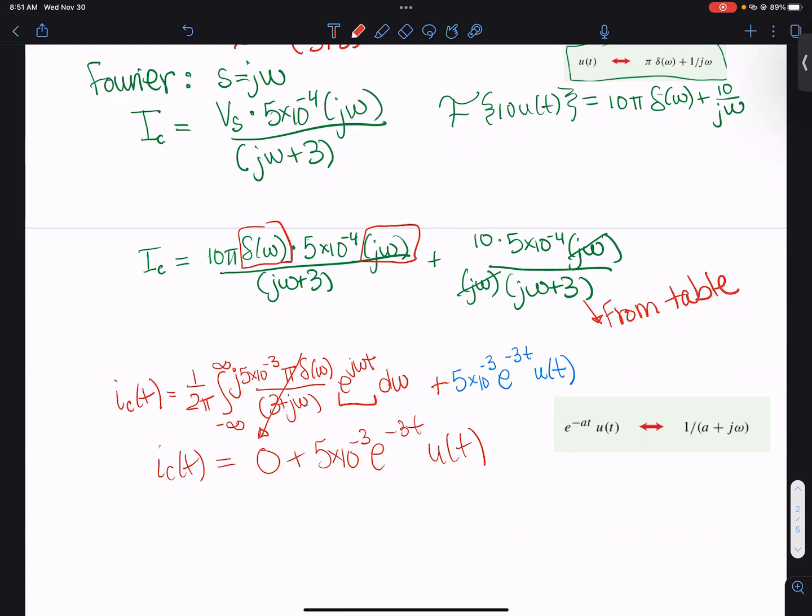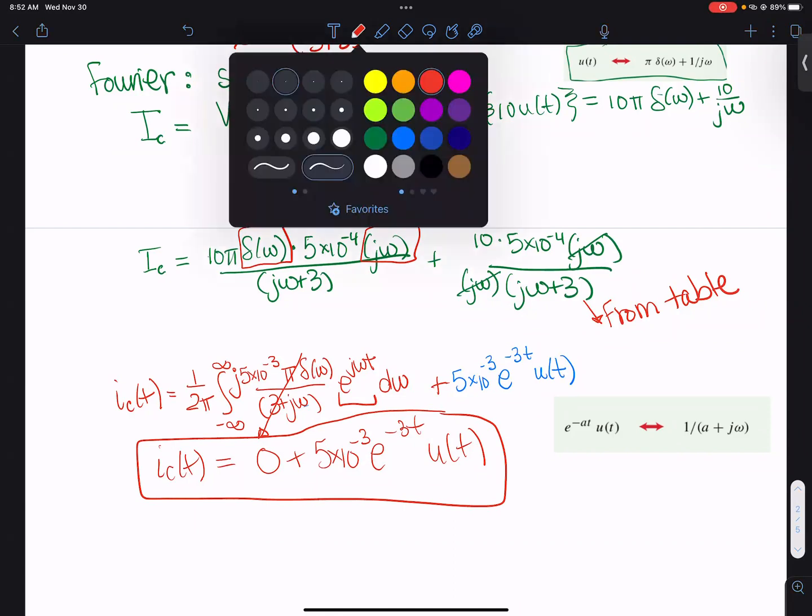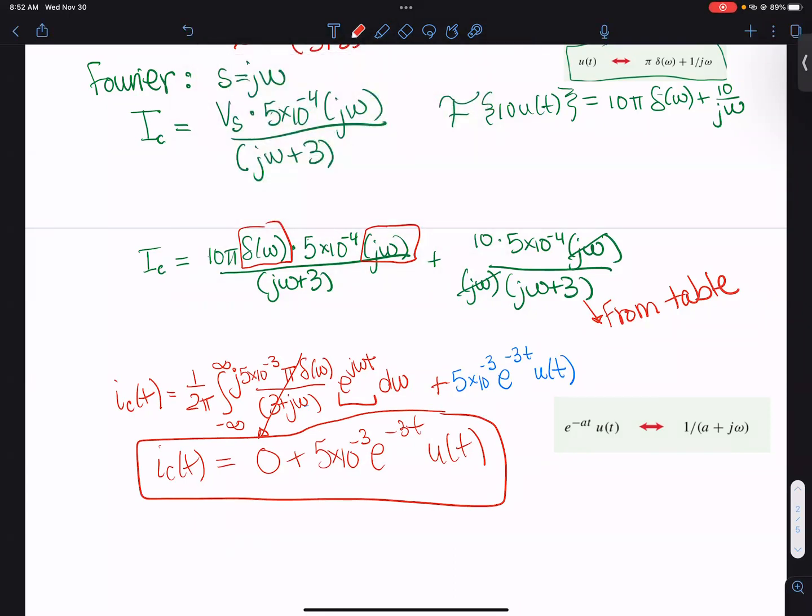And so we end up with 5 times 10 to the minus 3 e to the minus 3t u of t, which is the same. Correct.